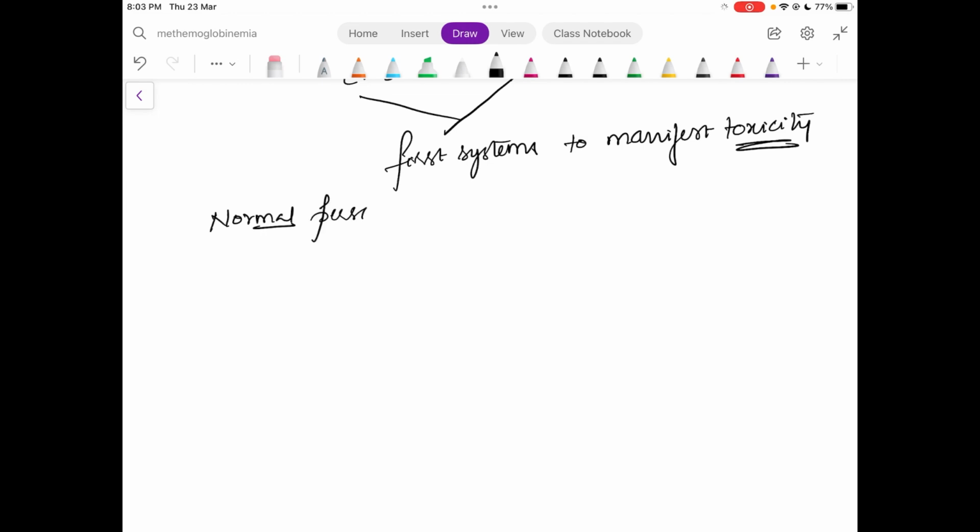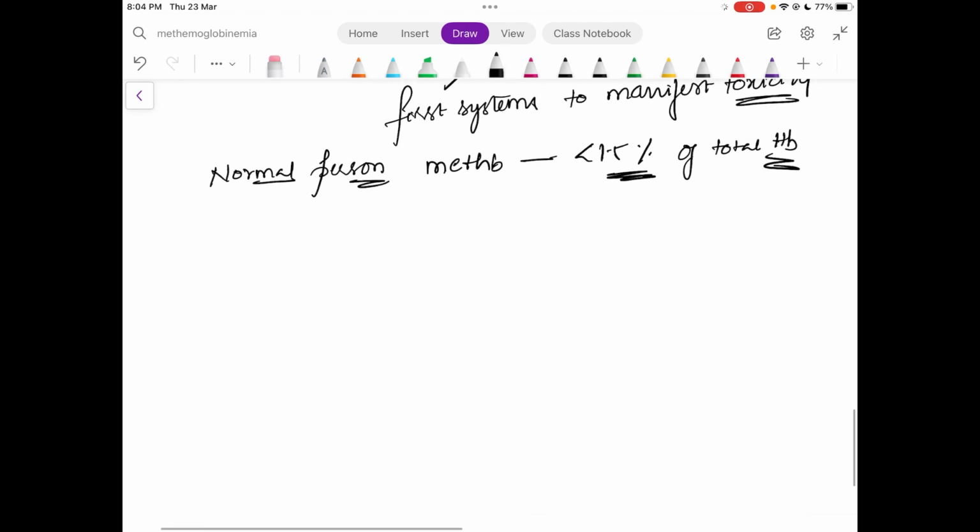For a normal person, methemoglobin is less than 1.5% of total hemoglobin.